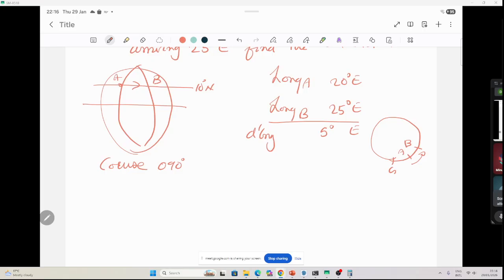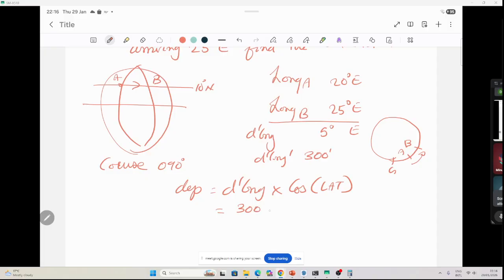Now what you have to find is the distance. So in order to find the distance, you have to put the formula. The formula is: departure is equal to D long into cos latitude, isn't it? So D long is how much? 5 degrees, but make sure that you convert into minutes. 5 degrees converted into minutes, multiplied by 60, is going to be 300 minutes.